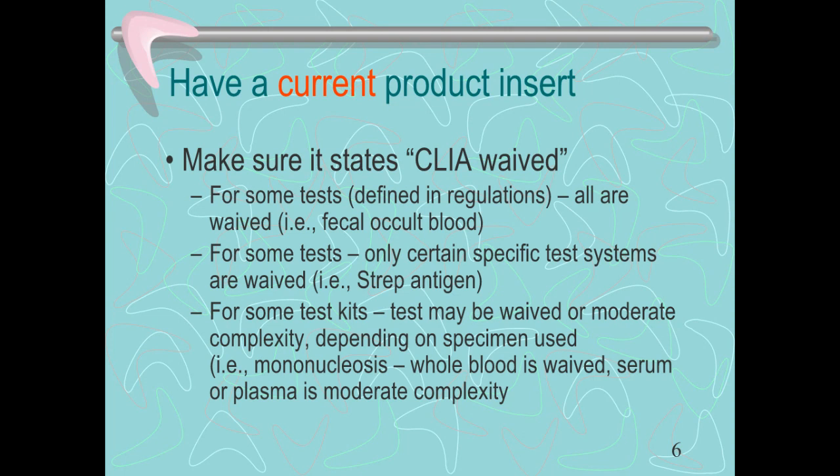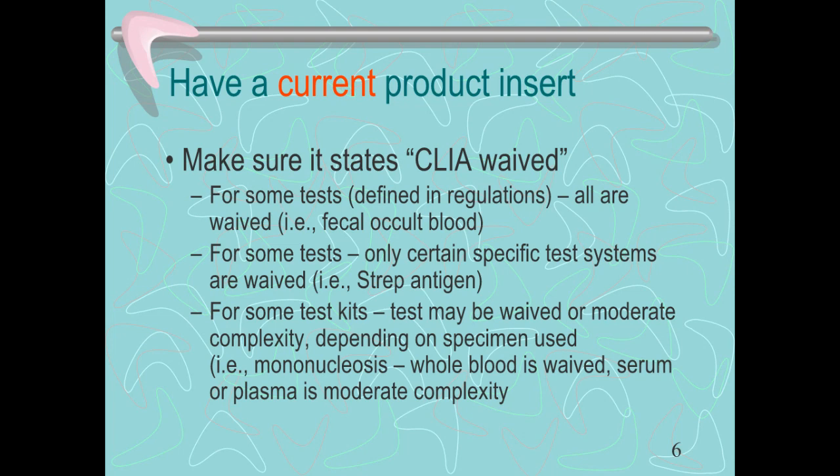For some tests, there are defined regulations that are waived, like fecal occult blood. It has a very specific method, and that has not changed in many years. Sometimes we run them in-house. Sometimes we'll give patients a set of cards to take home, and then they ship those off. But if we're running that in-house, there's been a standard way to do that for many years.